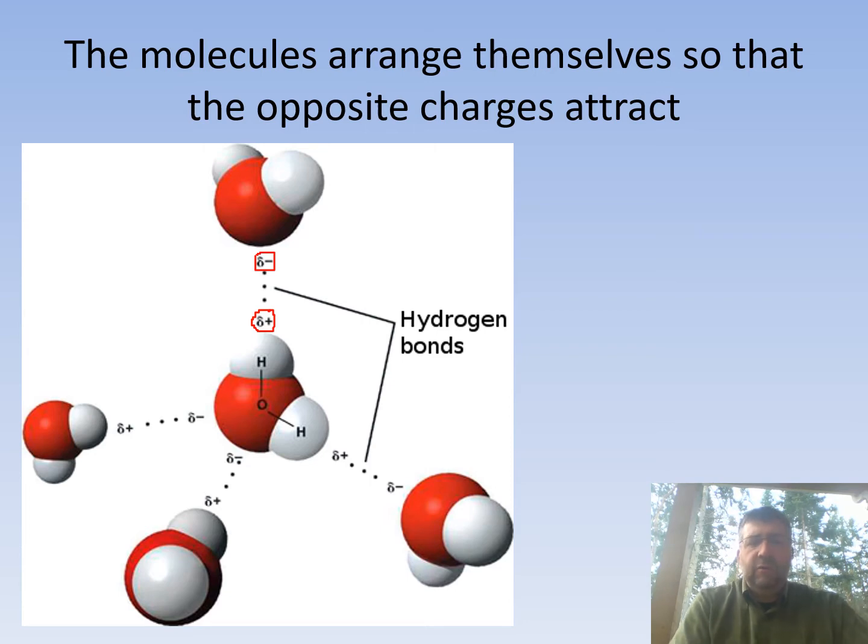Remember that in polar covalent bonding, they are still sharing the electrons. It's just that one atom is sharing it more than the other, and therefore ends up having somewhat of a partial charge to it. Nonetheless, because they have these partial charges, these atoms will line up positive to negative, as the hydrogens on one water will line up with the oxygen of another water molecule.